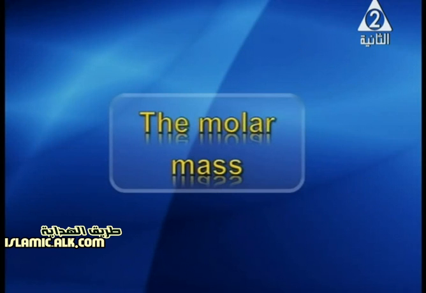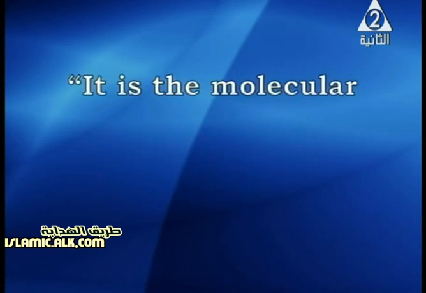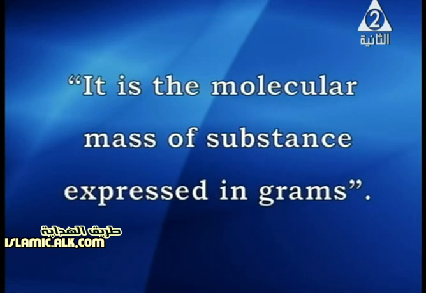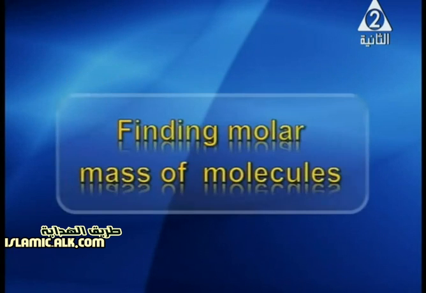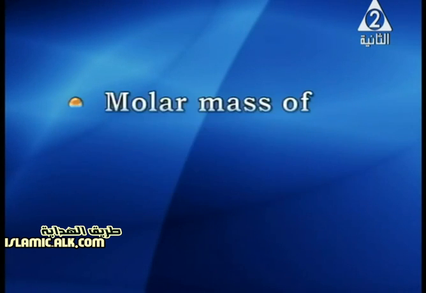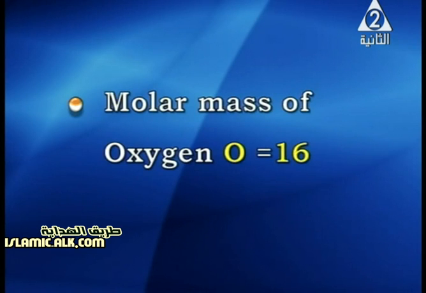What do we mean by the molar mass? It is the molecular mass of the substance expressed in grams. How can we find the molar mass of molecules? For example, find the molar mass of oxygen, where the atomic mass of oxygen equals 16.